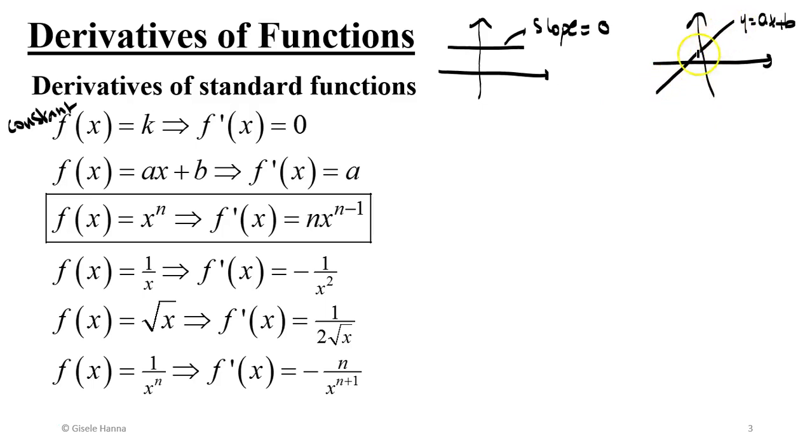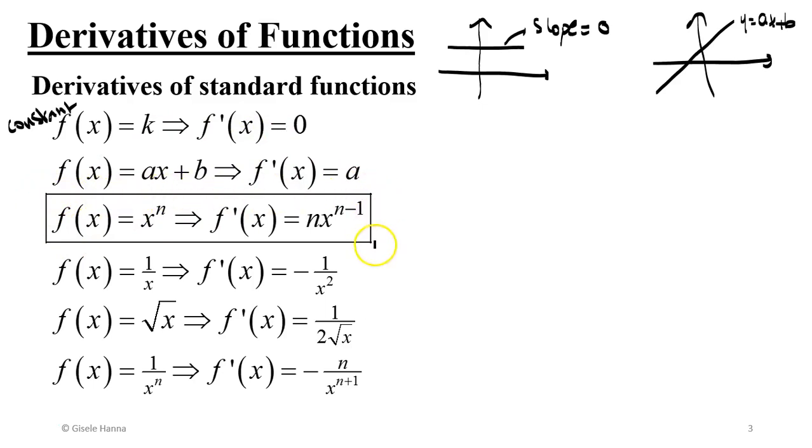So the slope of the tangent at any given point on this line would in fact be the slope of the line itself, which is a. So this is why, whenever you're finding the derivative of a linear expression, that would be the slope of that linear expression. So if f of x is in the form ax plus b, f prime of x would actually be a.